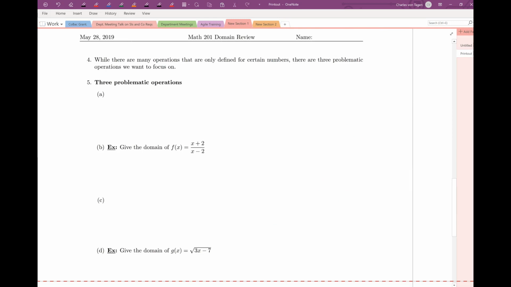Certainly lots of operations are only defined for certain numbers, but there are 3 major problematic operations that are at the heart of most domain questions that we encounter in this class. The first problematic operation is division.